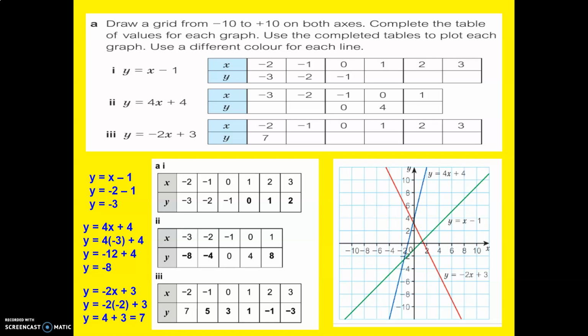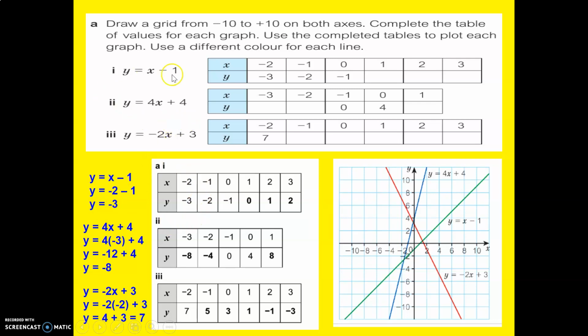Next problem. Draw a grid from -10 to 10 on both axes. Complete the table of values for each graph. Use the completed tables to plot each graph. Use a different color for each line. So let's take, for example, y equals x minus 1, our first equation. So when x equals -2, we have y equals -2 minus 1, y equals -3.